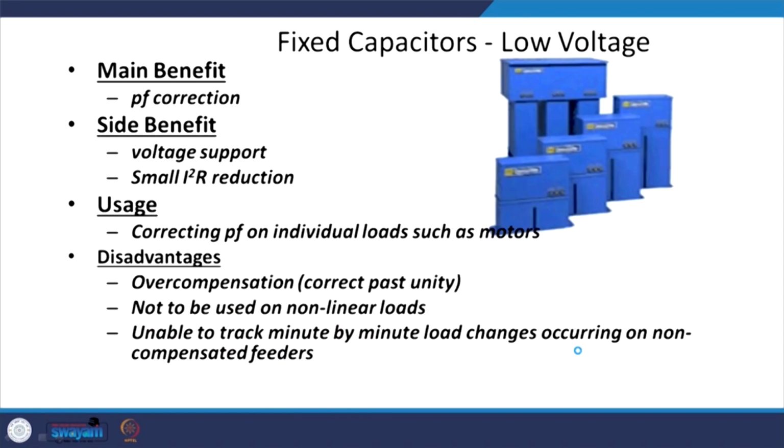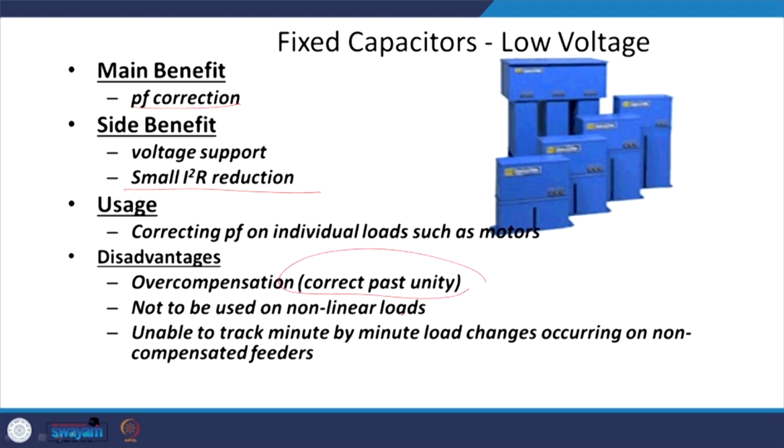So, just to wrap up, the main intention is power factor correction. A side benefit is that it recovers the sag, because if you terminate the capacitor, it will recover the voltage sags and give smaller I square R drop, with correction of the individual loads and the motors. But the disadvantage is overcompensation.